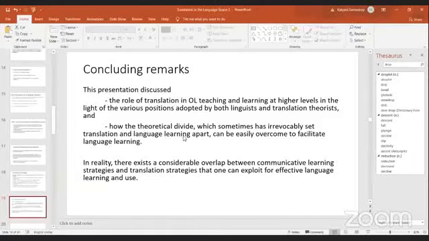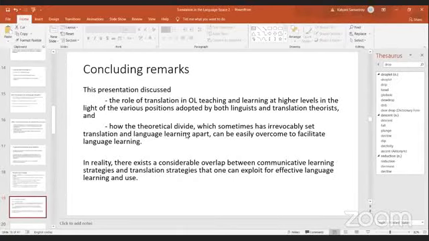So, in the communicative approach, of course, how this theoretical divide, which was understood to irrevocably set translation and language learning apart, can be easily overcome to facilitate learning of the other language.